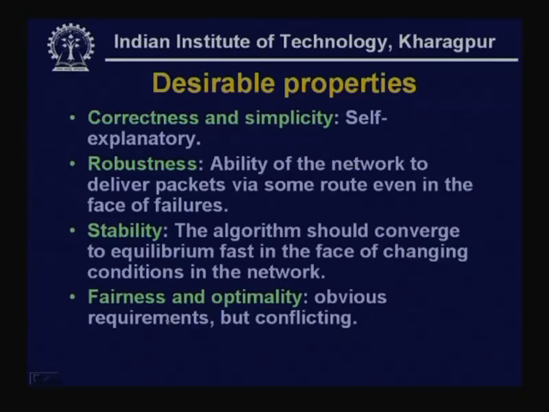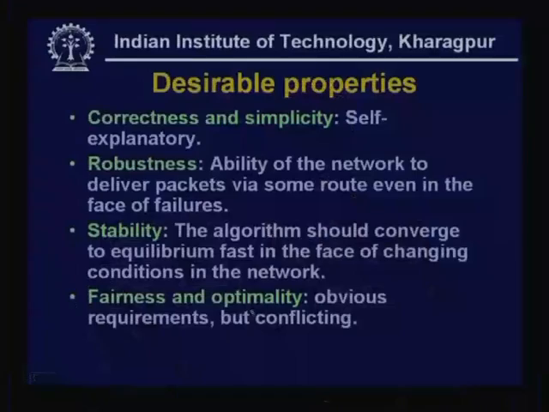Finally, comes fairness and optimality. What is desired is that each and every station should have an equal right to get a route for delivering its packets. But because of optimal routing, it may be necessary that some packets from a particular station are given some priority.